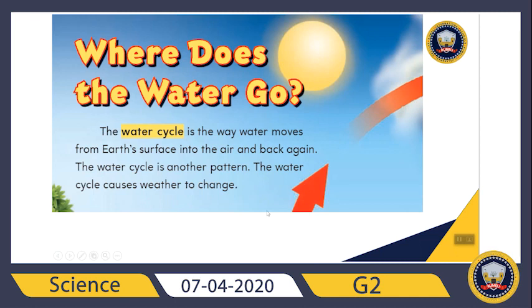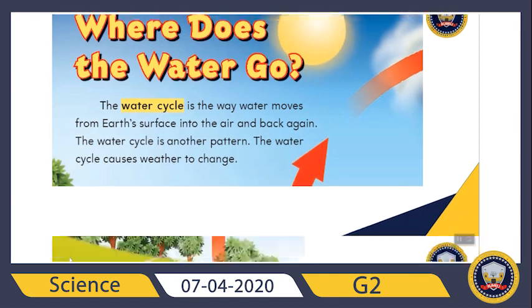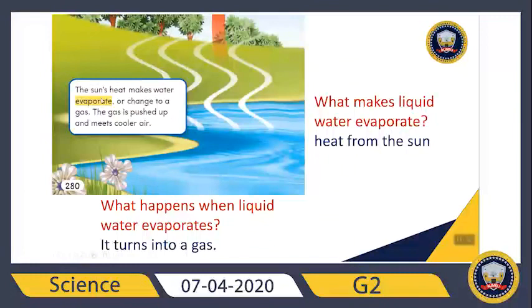Okay, so let's see the meaning of water cycle. See here. The heat of the sun makes water evaporate.